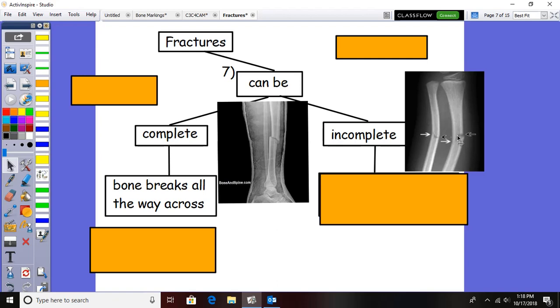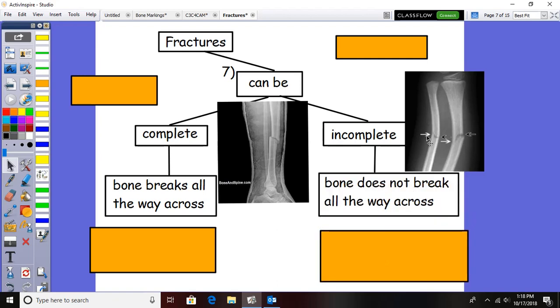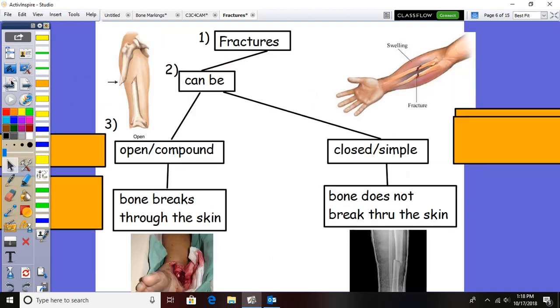And then you can see with the incomplete fracture that the bone's not breaking all the way across. There's still part of that bone that is held together. Okay? That's an incomplete fracture. Now, oftentimes, you're going to have some sort of combination of this first grouping and the second grouping. So, for example, this one is closed or simple because it didn't break through the skin, but it's also complete.